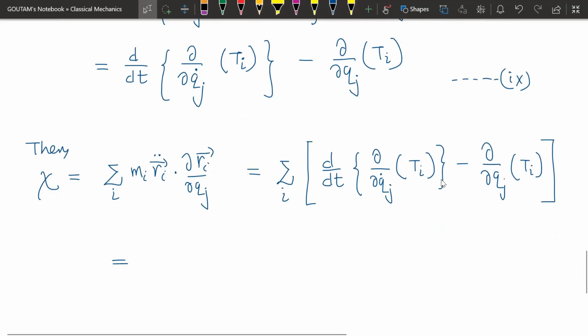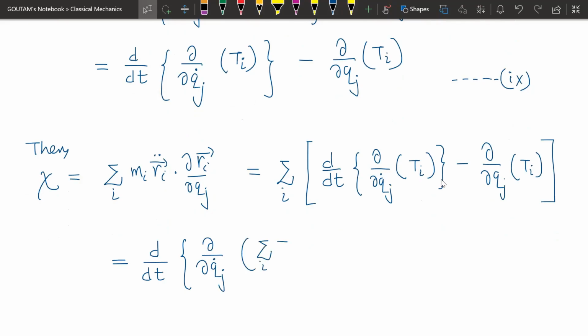Now I can take this summation index over i inside, and then we will get d/dt of ∂/∂q̇j of the sum over i of Ti, minus ∂/∂qj of the sum over i of Ti.